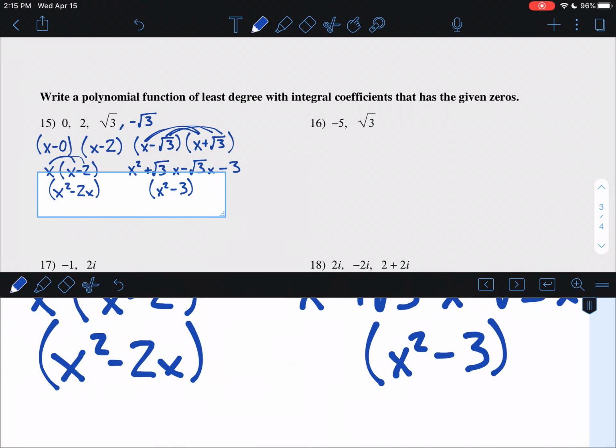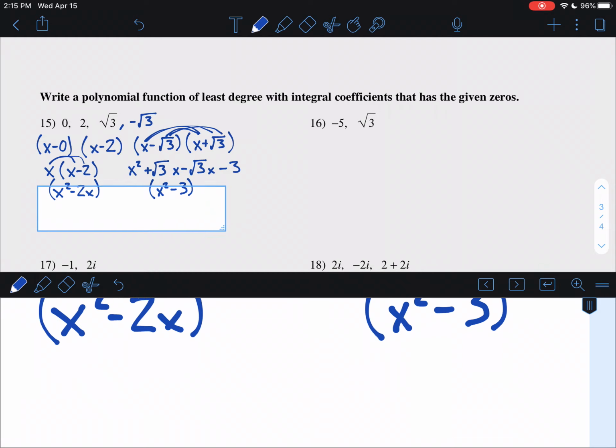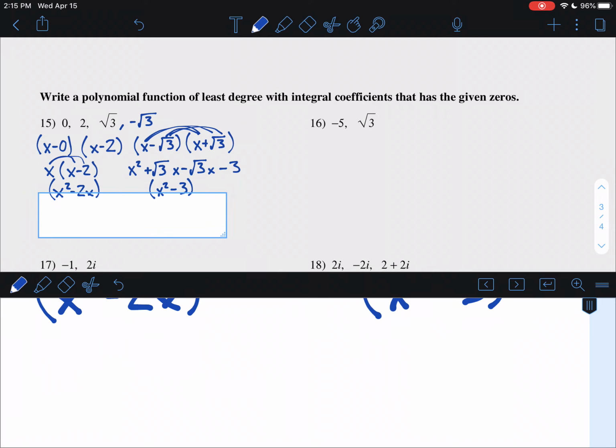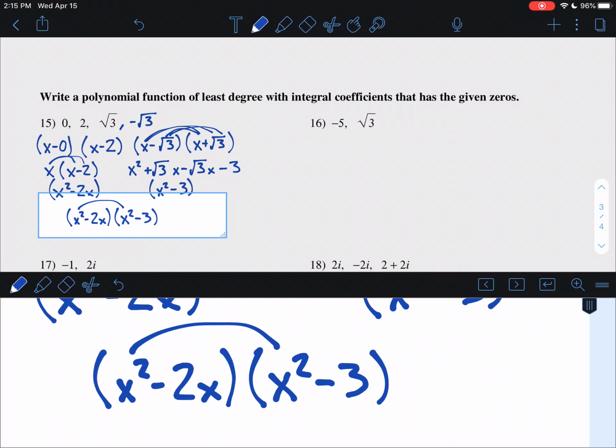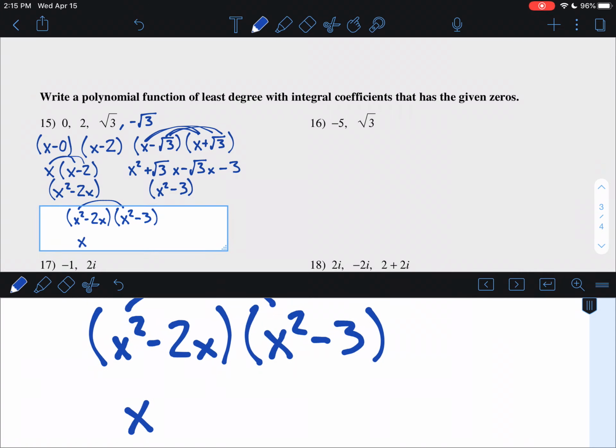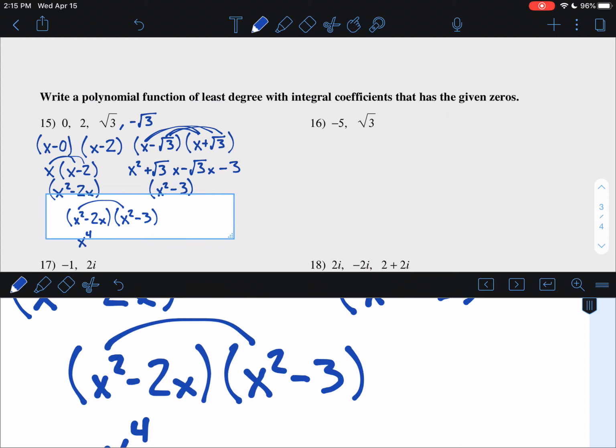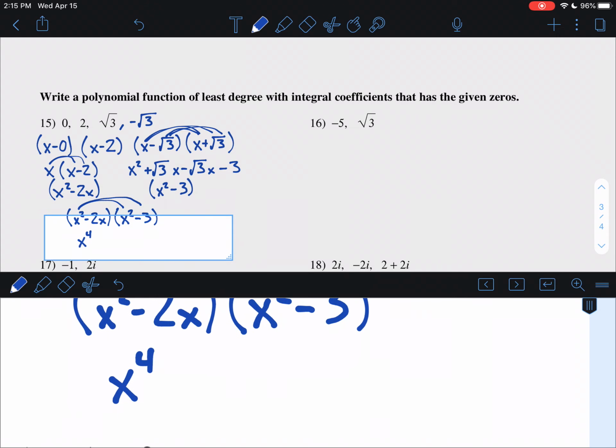So now I have these 2 factors, x squared minus 3 and x squared minus 2x. And I'm just multiplying them together. So I got x squared minus 2x times x squared minus 3. So x squared times x squared is x to the 4th. X squared times negative 3 is going to be negative 3x squared.